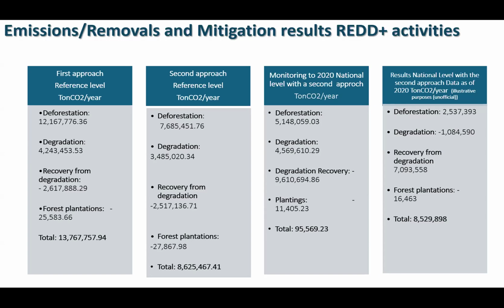But in the second approach, you can see the difference between the first and the second. We have a significant reduction in deforestation. The degradation is like 1 million less. And for recovery from degradation, we saw that the difference is not significant.